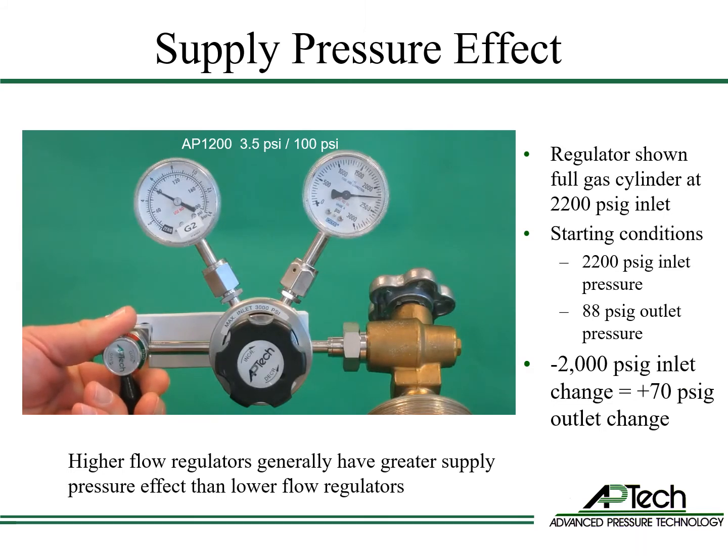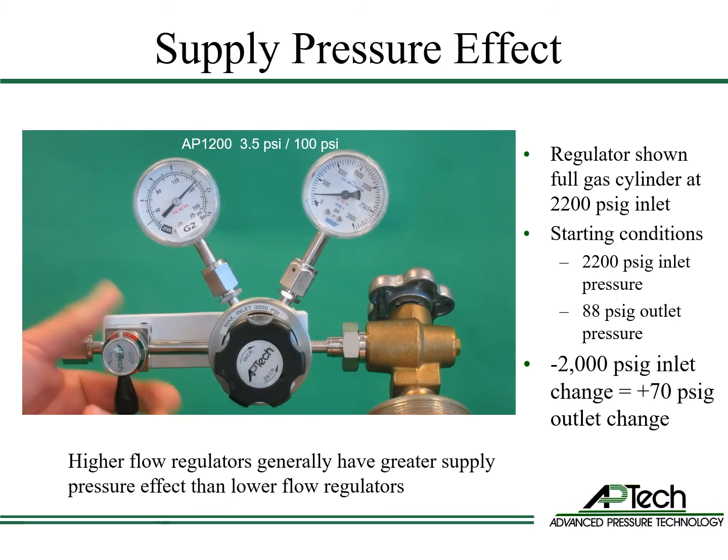Now let's look at the supply pressure effect with an AP1200 regulator. In this example, the inlet pressure is 2,200 psi. The outlet pressure is 88 psi. As the inlet pressure drops to 200 psi, the pressure when cylinders are often changed, the outlet pressure continues to rise.